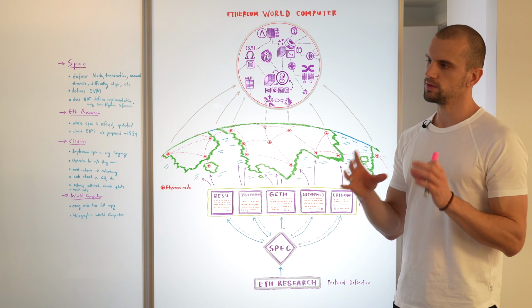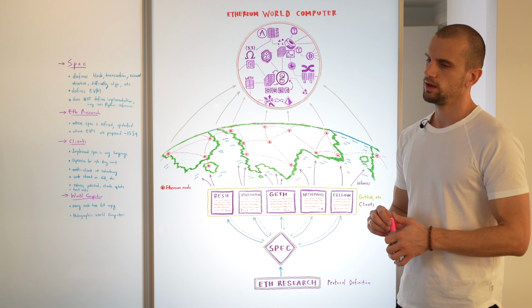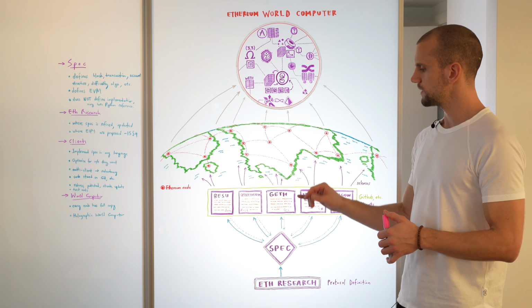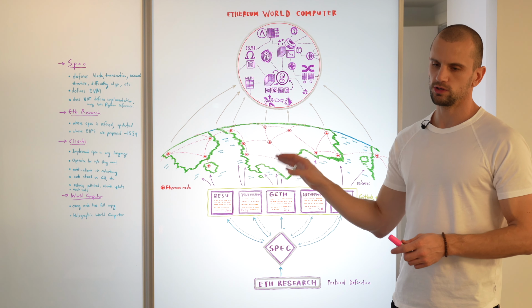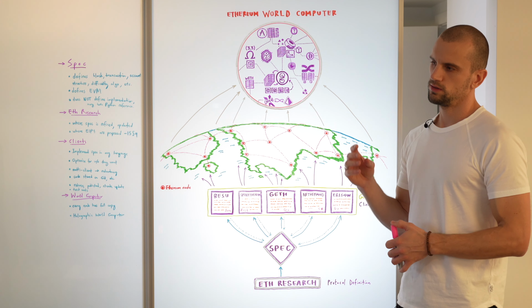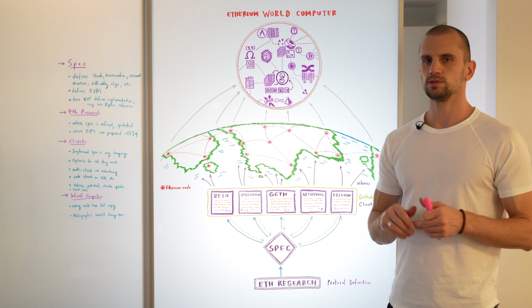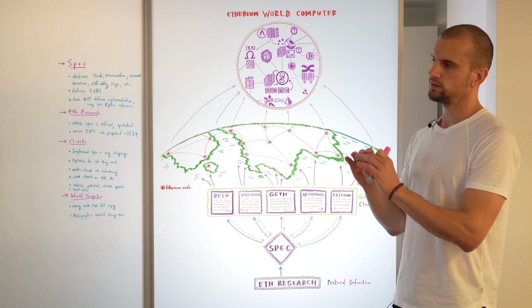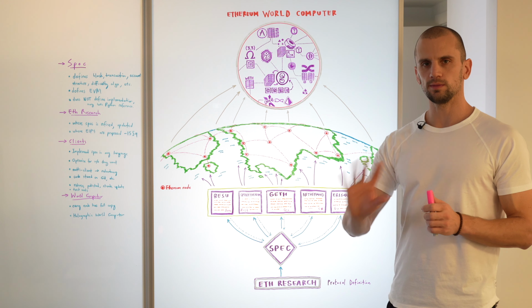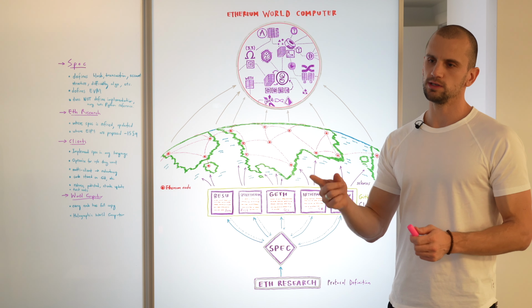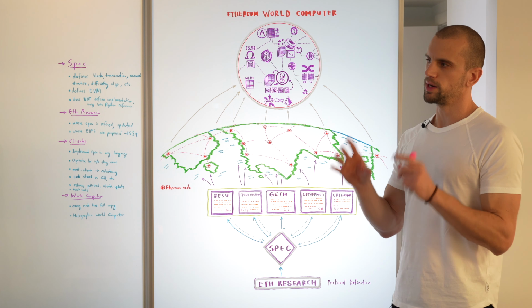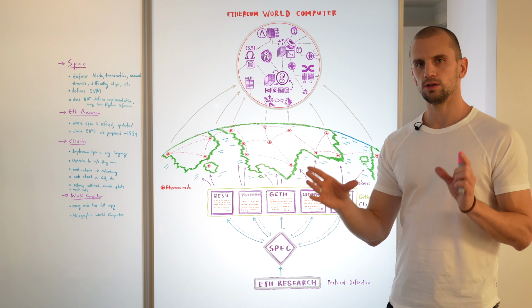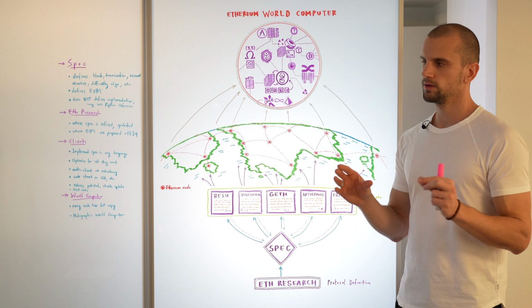The EVM will have all these opcodes, and for all of the contract code, any Ethereum contract you interact with, what actually gets uploaded to the Ethereum system is the bytecode. People write their contracts in Solidity or Viper, and then they're compiled to EVM bytecode. And the bytecode is like the assembly in the regular CPU world.